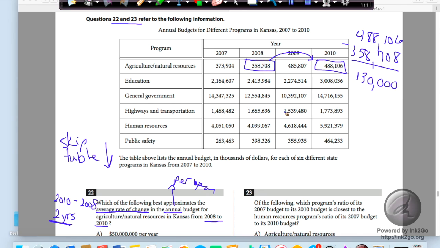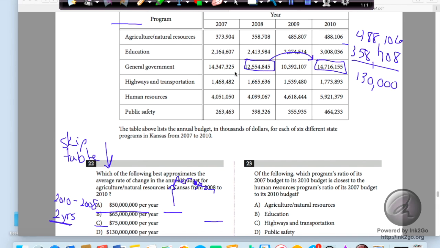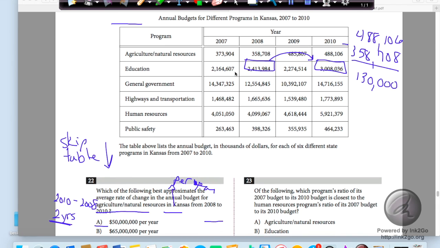130,000. Also, quick tip is that I'm scanning my answers relatively quickly, and I'm noticing my numbers are not even in the same ballpark. So why is that? Why is it that this says 50 million and some of my other answers, if I were to scroll down a little bit more, say 50 million, 65 million, 75 million, 130 million. Why is that the case?